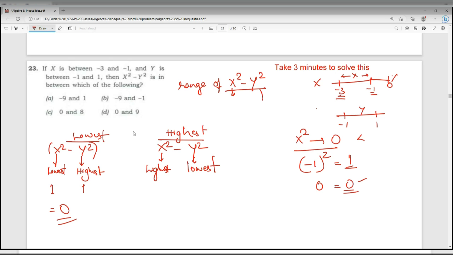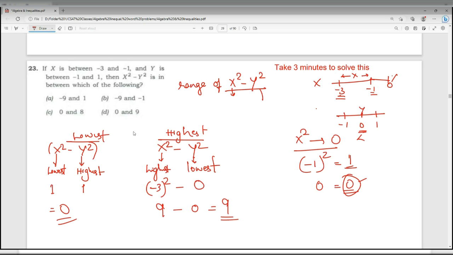So this will be minus 3 whole square, minus y square, where the lowest value of y is 0, because any variable to the power of square has the least value of 0, and y is between -1 and 1. So this is 9 minus 0, which is 9.